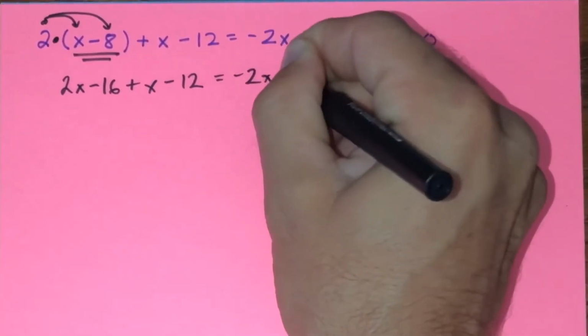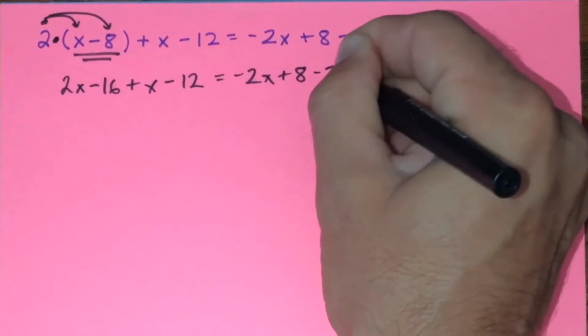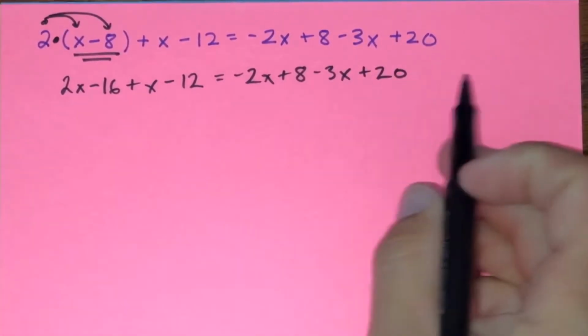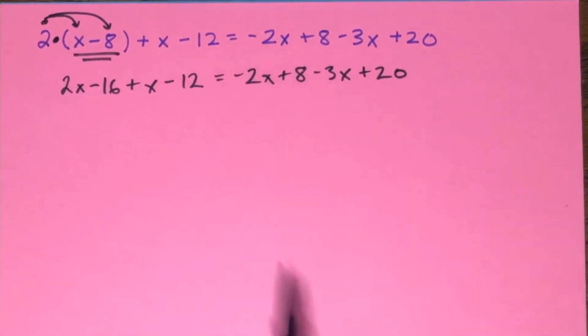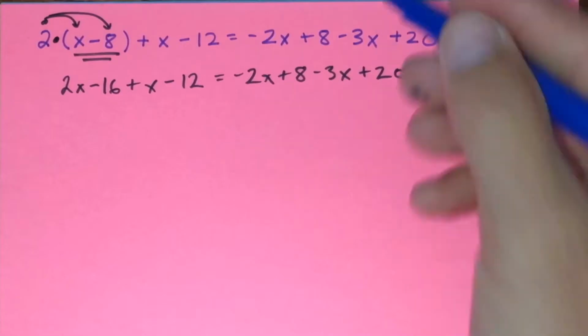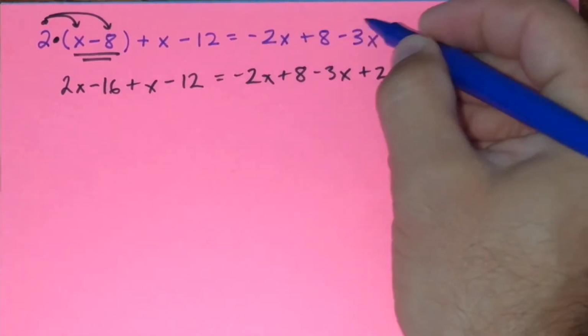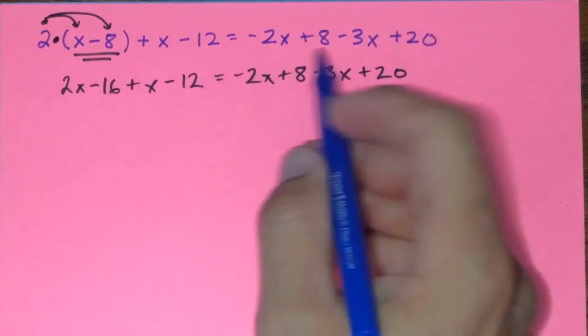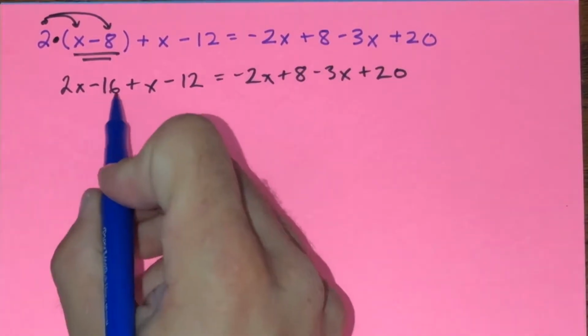Now, each step that you do in any of these problems, you want to write this way. You could go back and find any mistakes if it doesn't work out in the end. As you get better, of course, you can start to combine, do some steps on the left side, do some steps on the right side. But for now, we're just going to do one step at a time here.